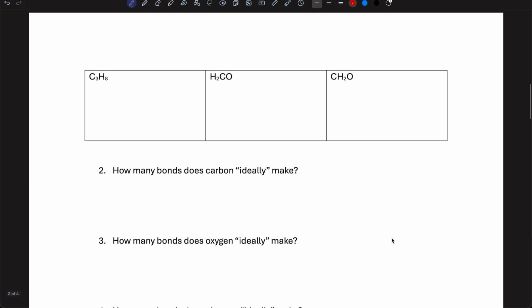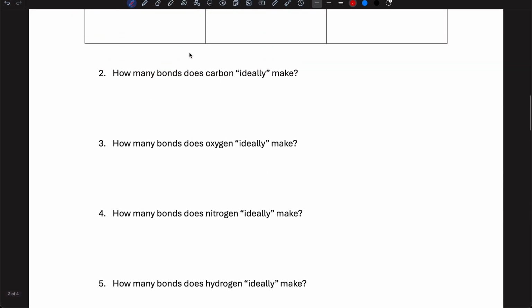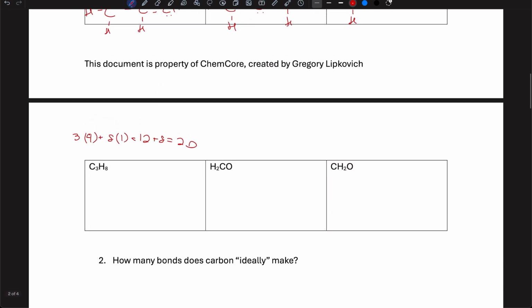The last 3 problems, let's get these done. We have 3 carbons. 3 carbons. Each has 4 valence electrons. And then 8 hydrogens. For a total of 12 plus 8, 20 valence electrons. And so let's try to figure out how we can draw this.